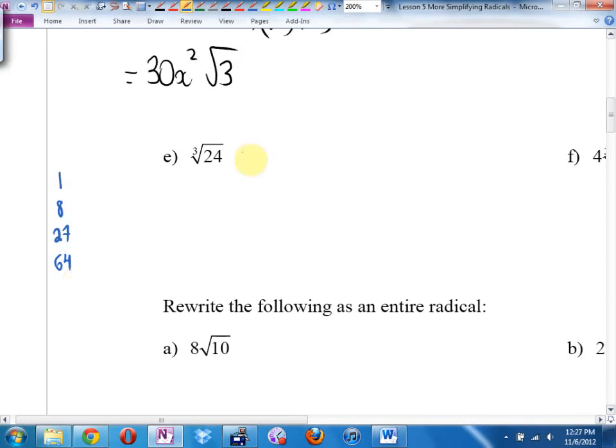Oh, I can rewrite this as cube root 8 times cube root 3, which is still cube root 24. What is the cube root of 8, oh pray tell? 2 cube root 3.